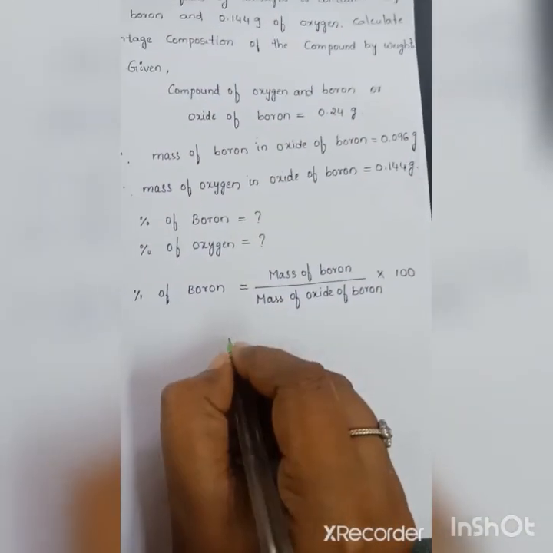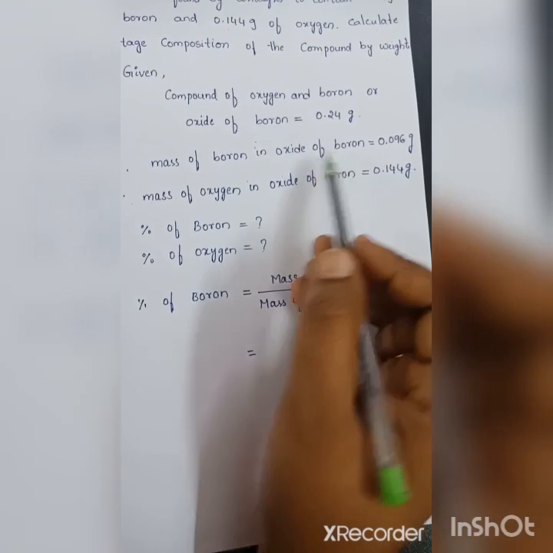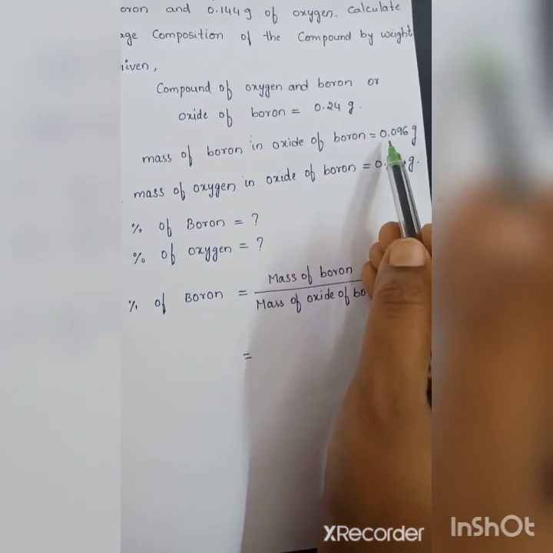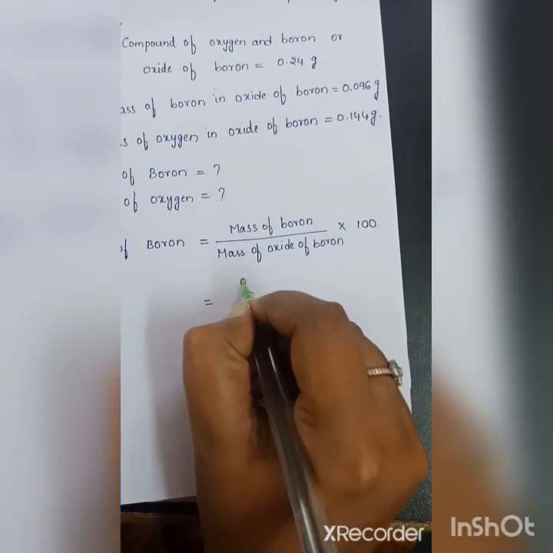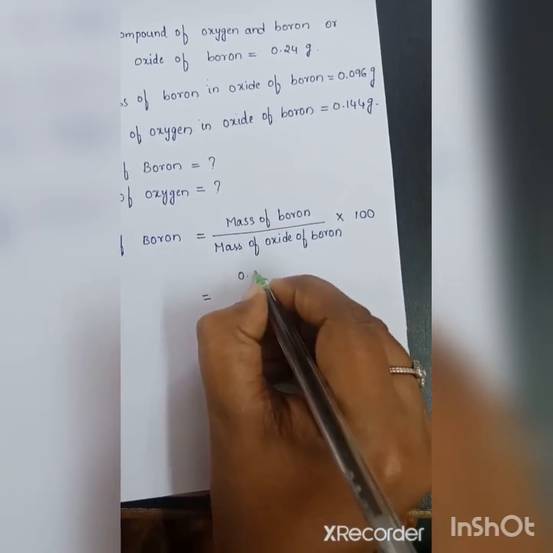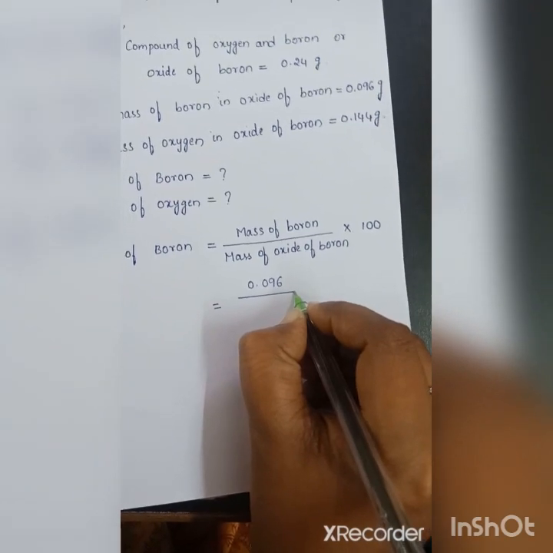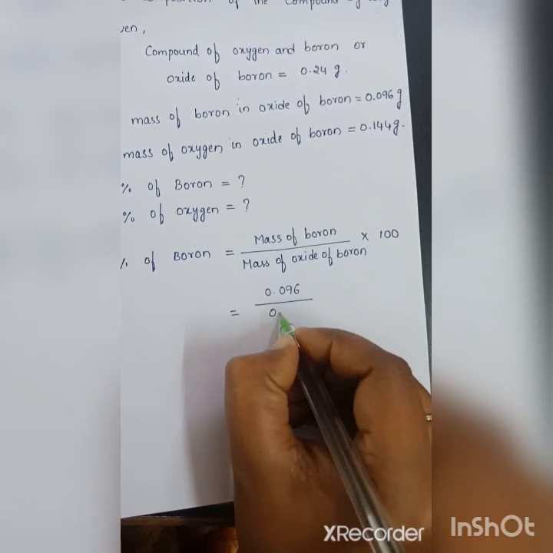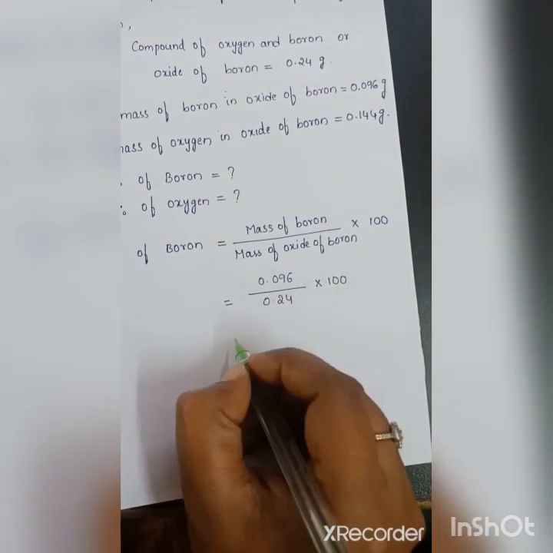Now, what is the mass of boron given? Mass of boron in the given compound is 0.096 grams. So write down here: mass of boron in the compound is 0.096 grams. By what is the mass of the compound given? Mass of the compound is 0.24, into 100.